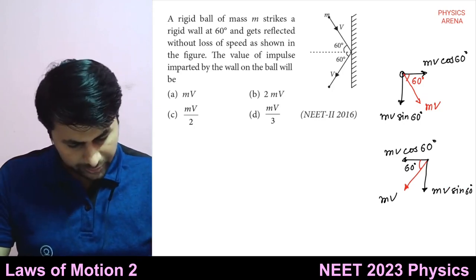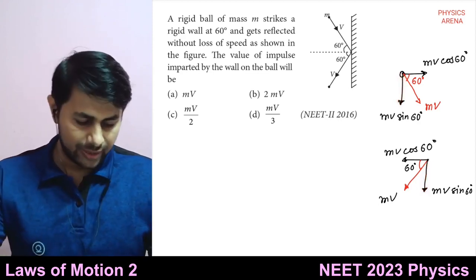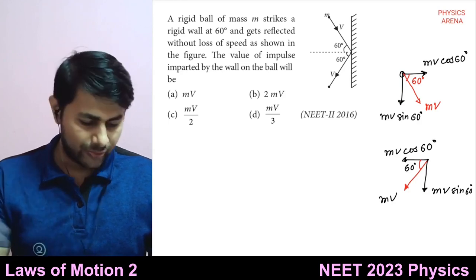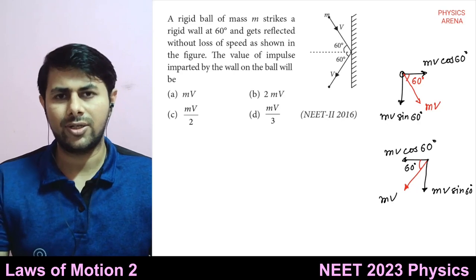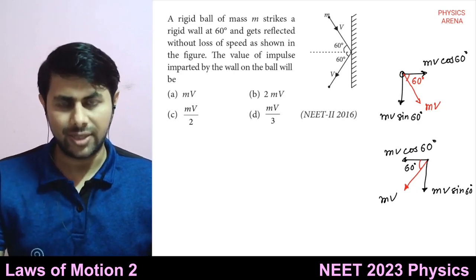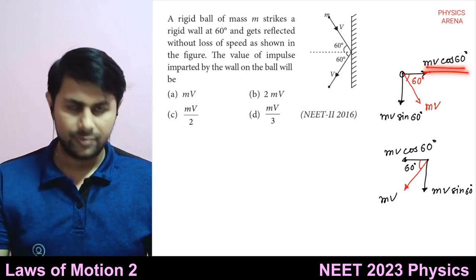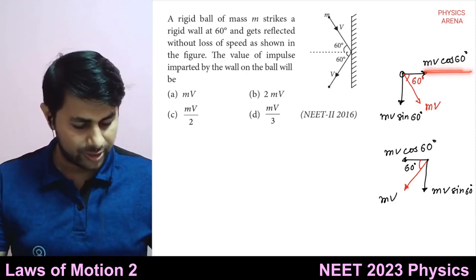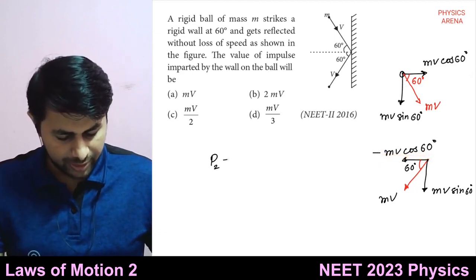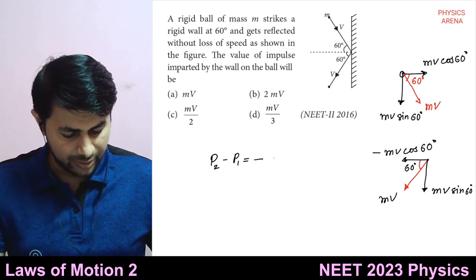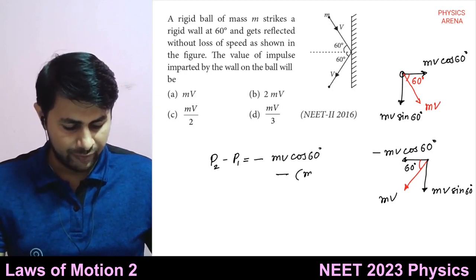Now you can see the vertical component remains constant. When the ball hits the wall, the vertical component of momentum remains constant, and there is change in the horizontal component only. And how much is the change? If you call the initial component positive and this one negative, then the change P2 minus P1 is equal to minus mv cos 60 minus mv cos 60.